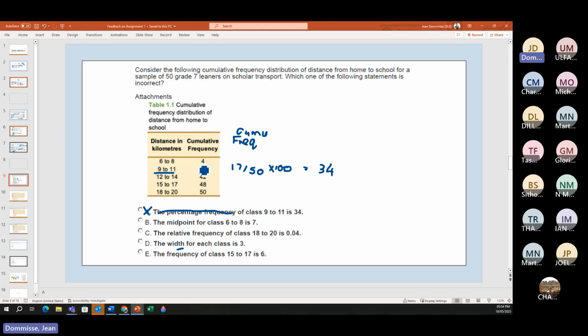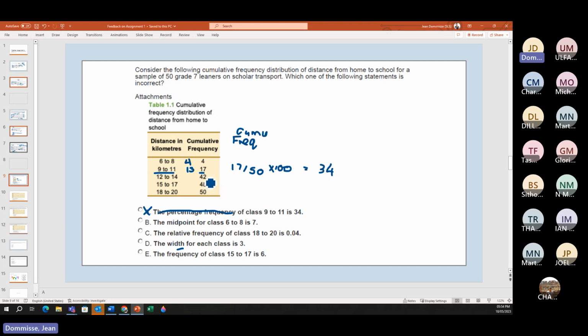So if that is 4, how many would have been in 9 to 11? If the total was 17, this should actually be 13. So 13 would have been in 9 to 11.